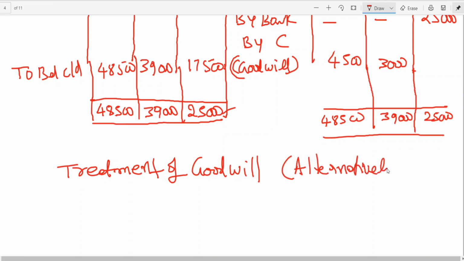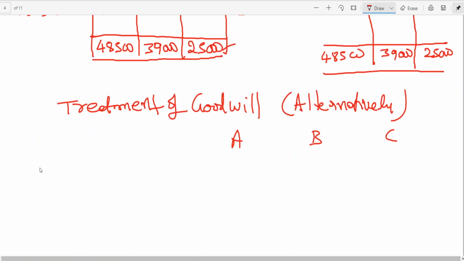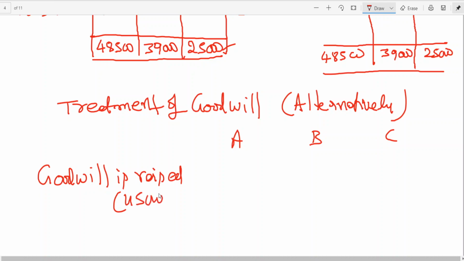Alternatively, A, B, C. Goodwill is raised. What goodwill? We should take the firm's goodwill. What is the firm goodwill we got, my dear friends? 45,000. It will be raised in which ratio? Old ratio. What is the old ratio given here? 3:2.